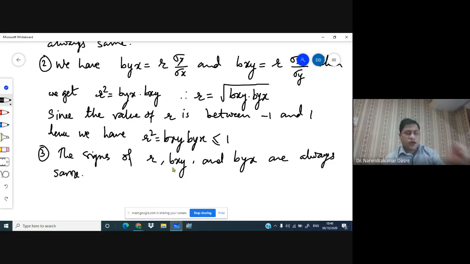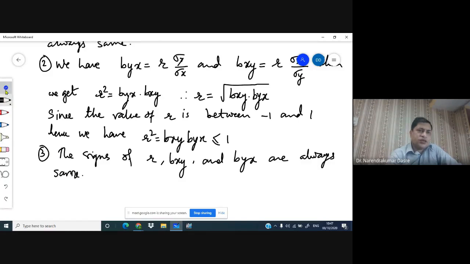We know from the first remark that the sign of bxy and byx is same, and r is a square root, which may be positive or negative, but these two terms are always positive. So the sign of this term will be the sign of r, which is the same as the sign of bxy. That's why the signs of byx, r and bxy will be the same.